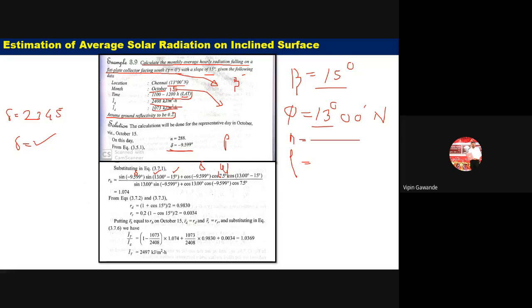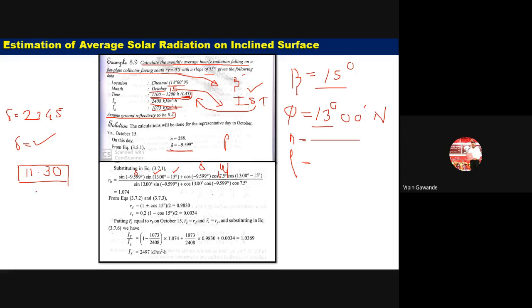See, the local apparent time is given. Normally from the standard time, IST, we calculate the solar time, but here instead of IST they have given LAT, local apparent time, as 11 to 12. So we take the middle of it, which is 11:30.